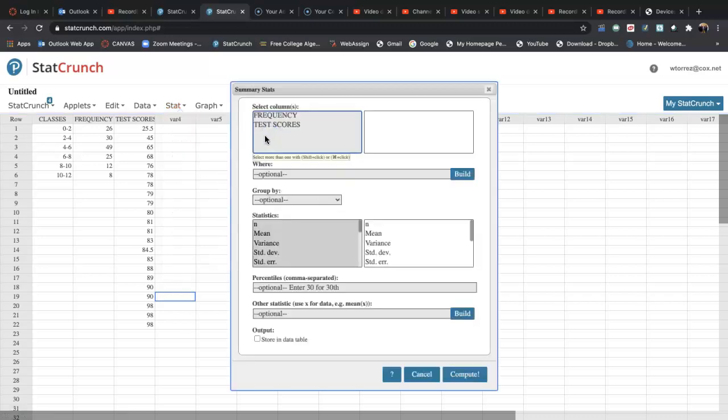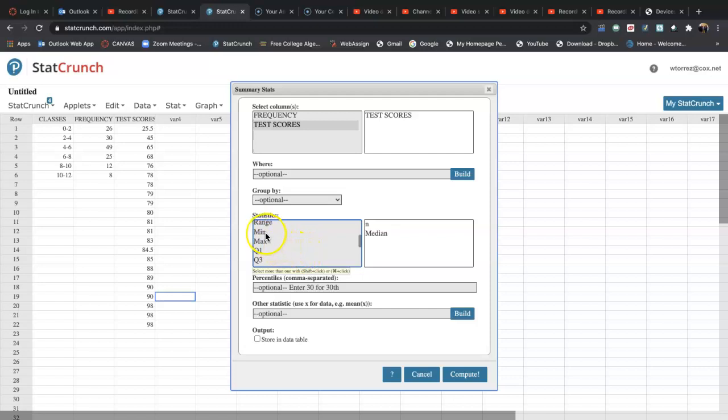So when we hit columns there, we get our summary stats window, and we're going to choose the test scores column. We'll skip these two options here, and now we'll select N along with our 5-number summary, which is the median. So I press the Command key and click on median.